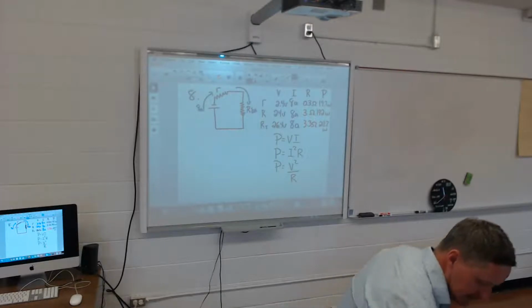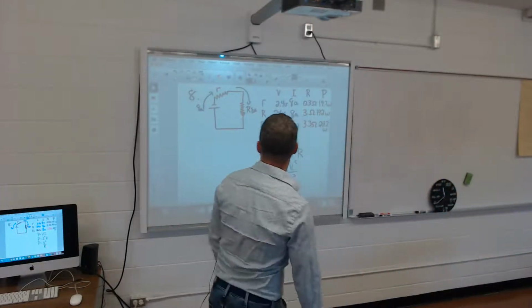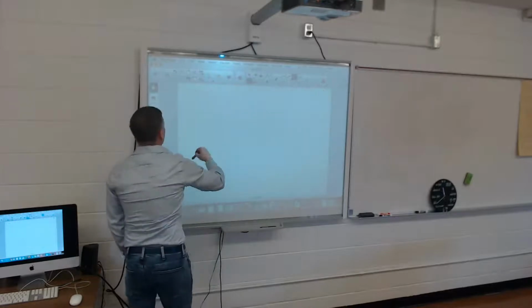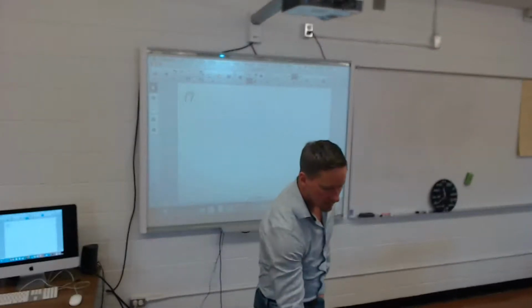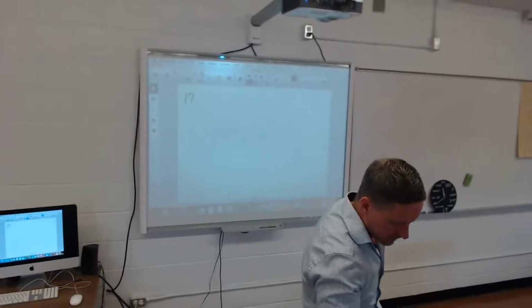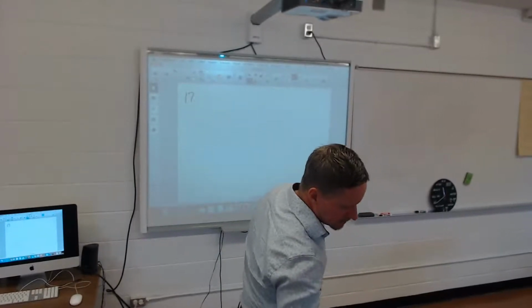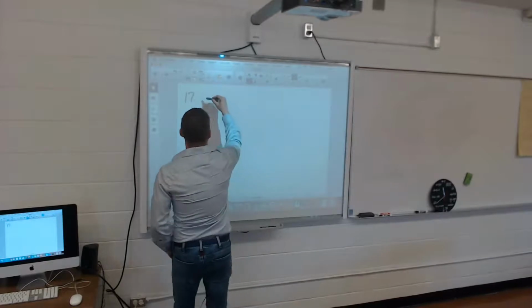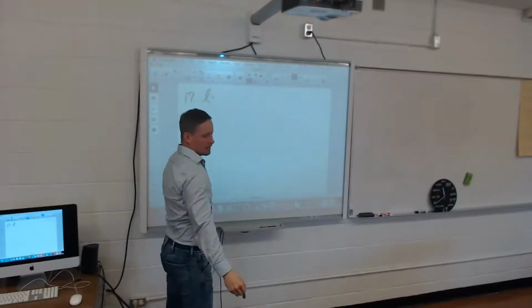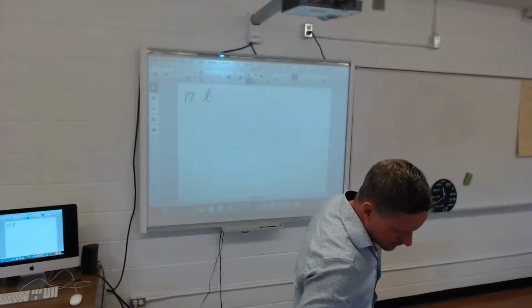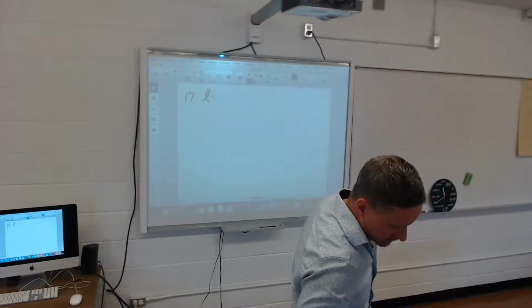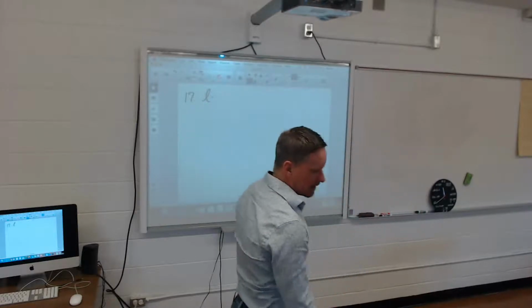Okay. Let's look at 17 now. It says how many meters of number 30 gauge nichrome wire are needed to form the heating element of 1,000 watts.